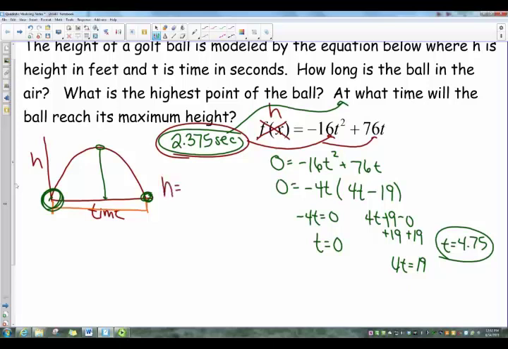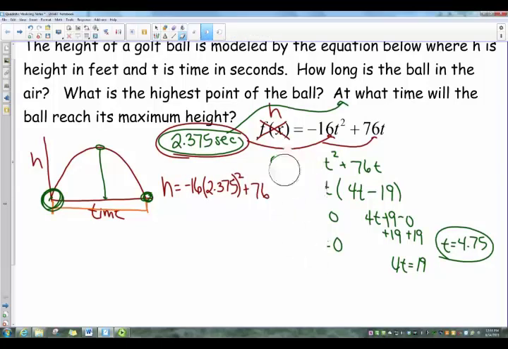So my height is equal to negative 16 times 2.375 squared plus 76 times my time again, which is 2.375 seconds. All right, and I'm going to put this in. Give me 1 second. I'm going to put it through my calculator. You guys can do the same thing at home. And I end up with a maximum height, so this point right here is 90.25 feet. And there you go.